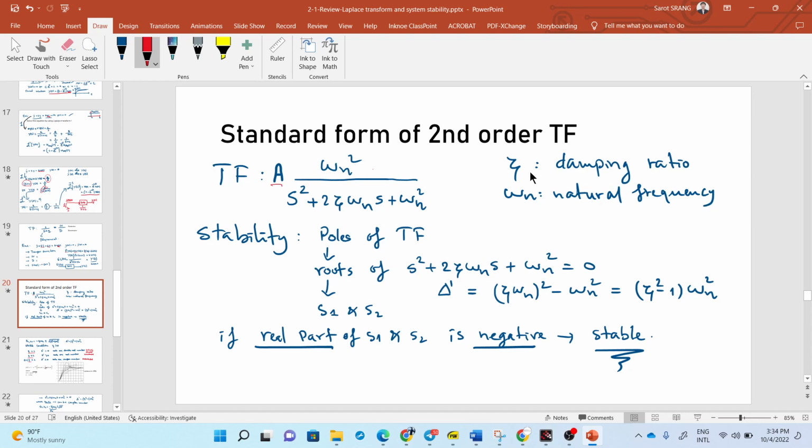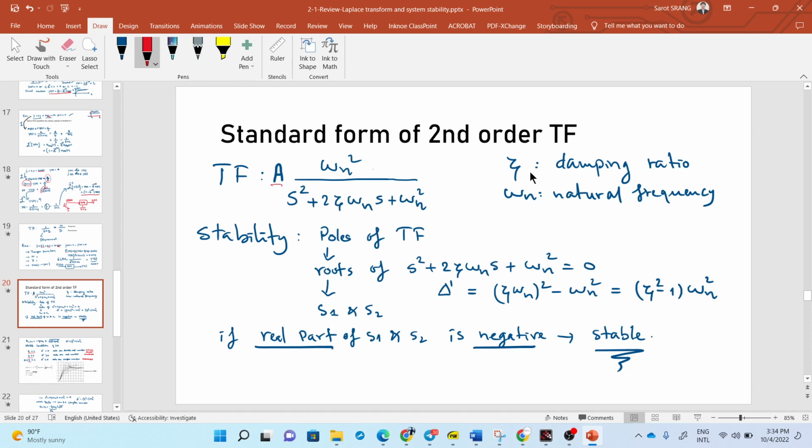Then if we want to know the stability of the system, what do we do? Let's say we have a transfer function representing the dynamics of a system.